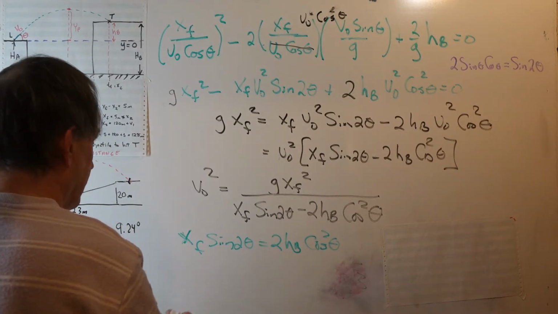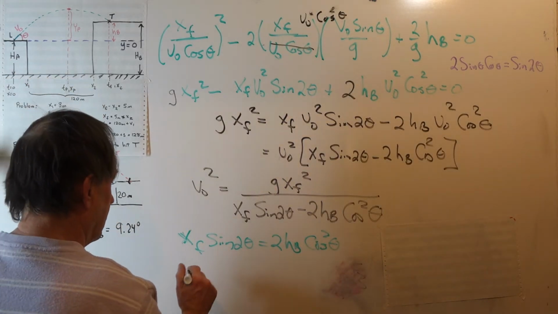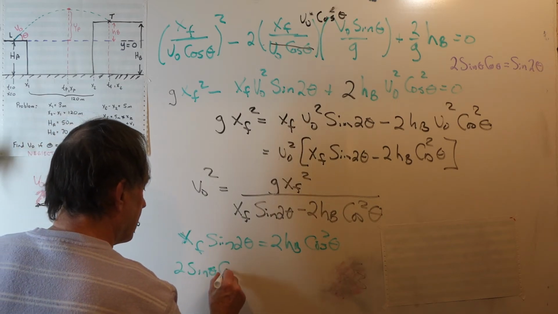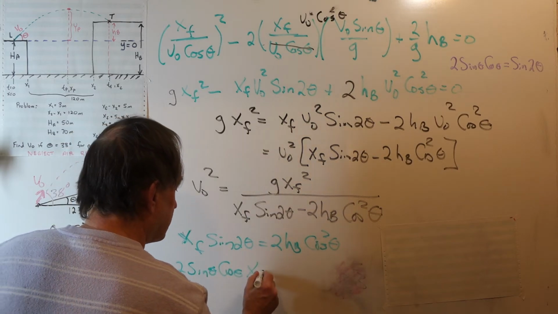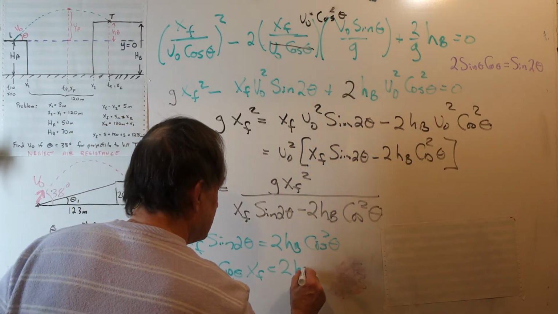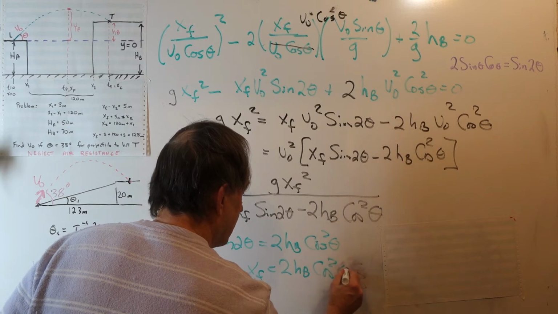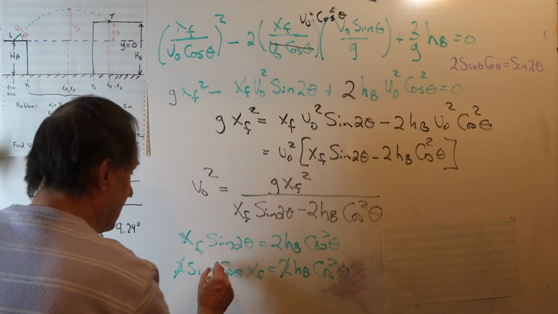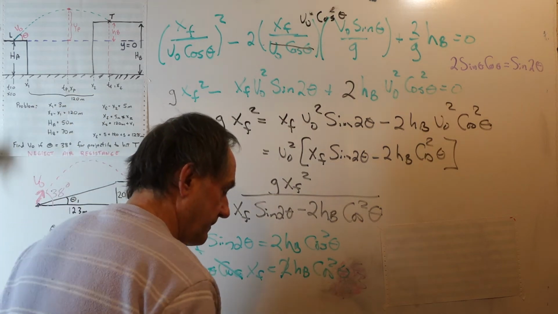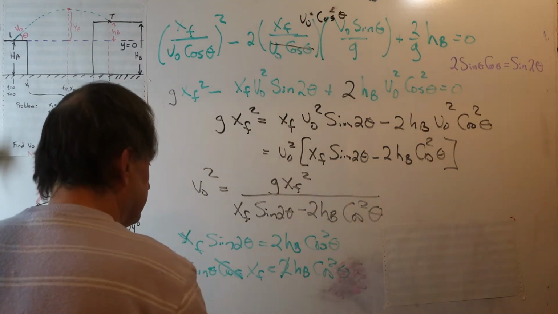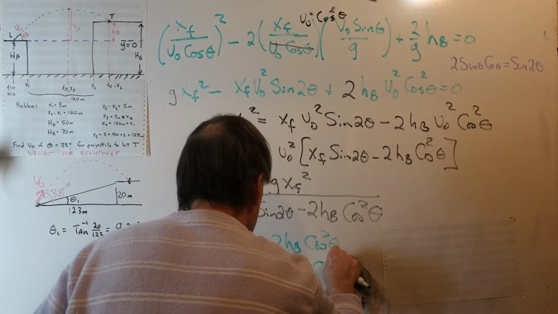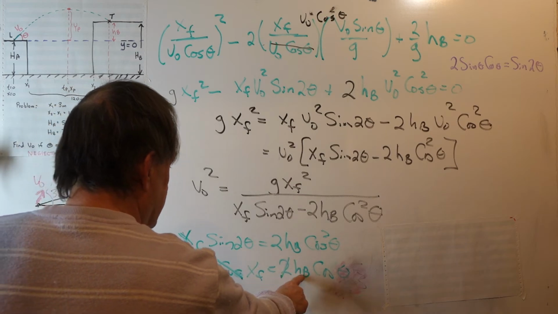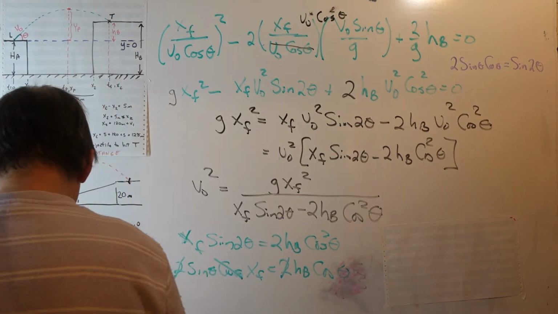Well, let's expand this out. Sine 2 theta is twice sine theta cosine theta, then xf equals 2hb cosine squared theta. Well, the 2's cancel, and we can cancel out one of the cosines. So we end up with sine theta xf equals hb cosine theta.